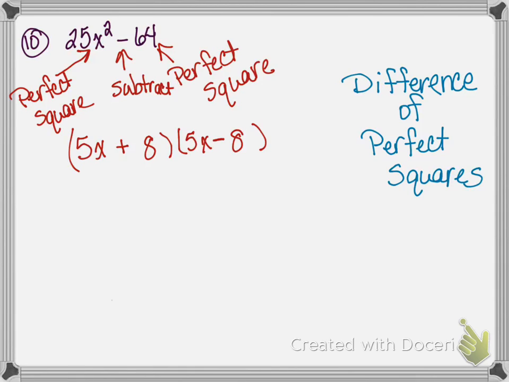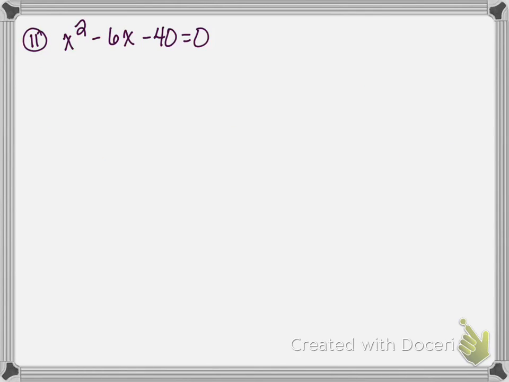Okay? In general, students typically do pretty well on this one right here. We've got an equal sign, so we are solving. Because it's squared, we've got to go ahead and factor it.